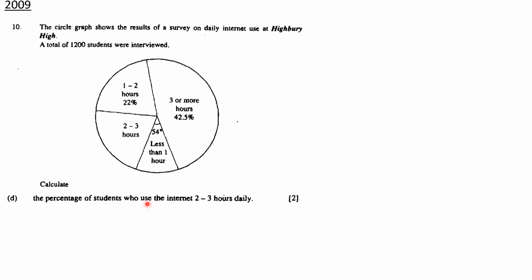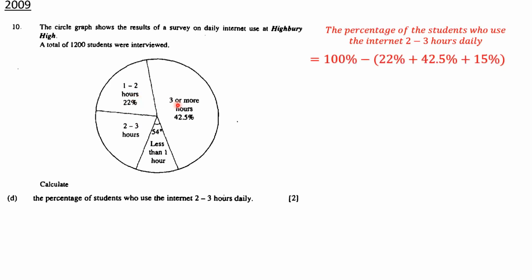It says, calculate the percentage of students who use the internet 2 to 3 hours daily. We know that for 1 to 2 hours, it's 22%. For 3 hours or more, it's 42.5%. And for less than 1 hour, it's 15%.